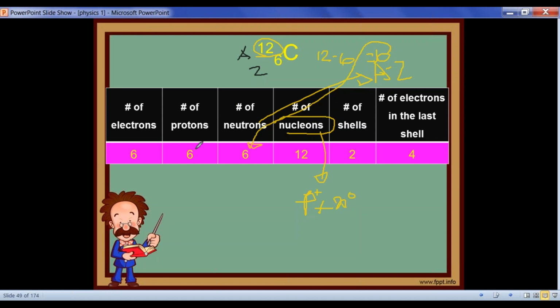So protons is 6, neutrons is 6, nucleons is 12. Number of shells, so we have K and L, so 2 shells. Number of electrons in the last shell is 4. Okay?